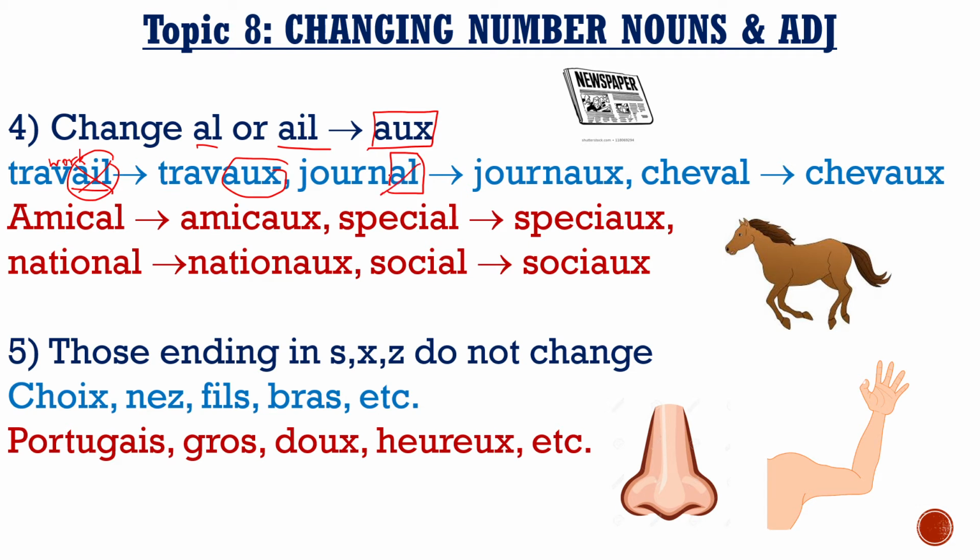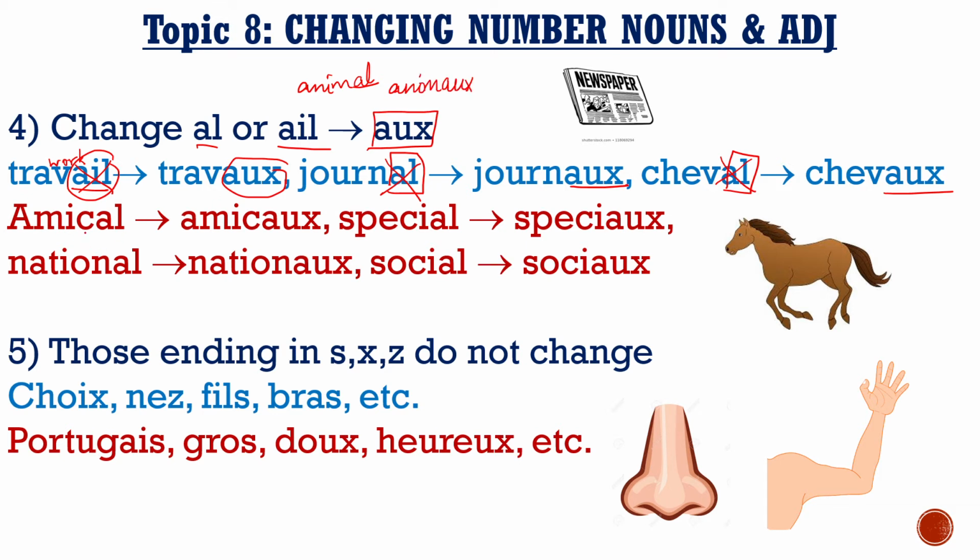So AL becomes AUX, journal becomes journaux. Journal is a newspaper. Okay, cheval, AL becomes AUX. Okay, cheval is a horse, chevaux is horses. So remember AL, AIL becomes AUX. Another example is animal. Okay, AL becomes AUX, animal.